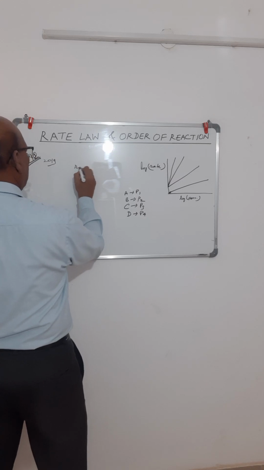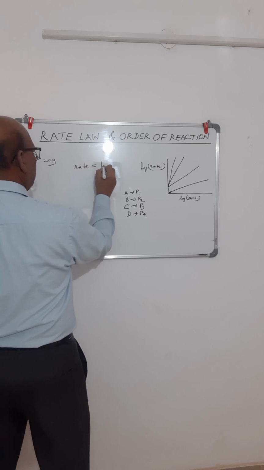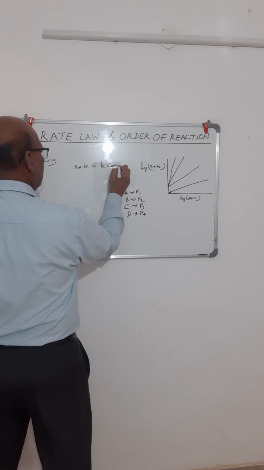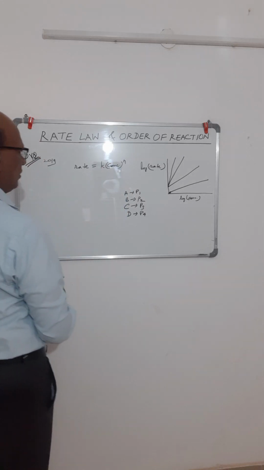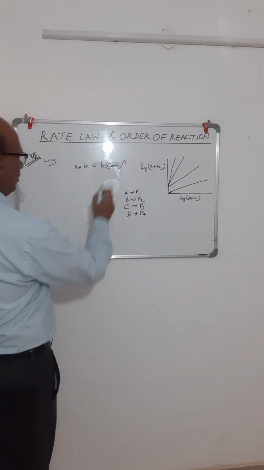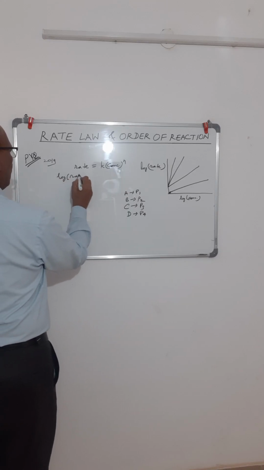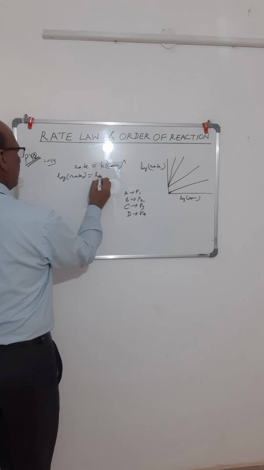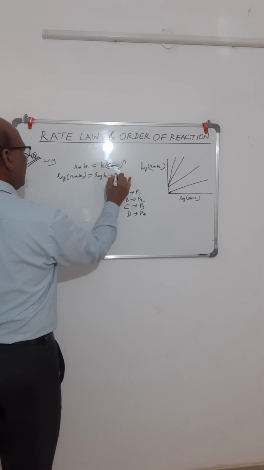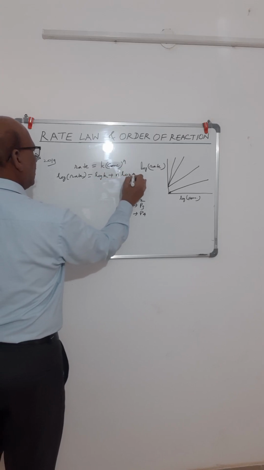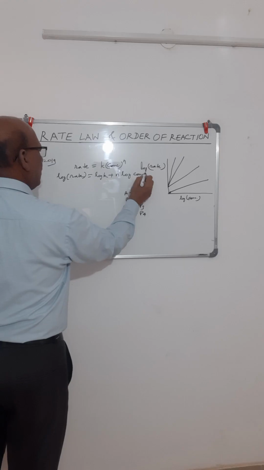We know that the rate of reaction can be written as K into concentration to the power n, where n is the overall order of the reaction. If we take log of both sides, we get log of rate equal to log of K plus n log of concentration.